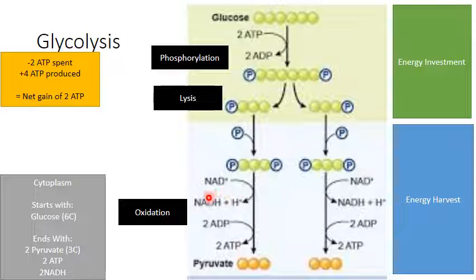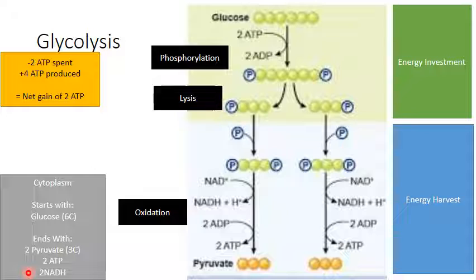So I'm going to have, at the end of this, 2 molecules of pyruvate. They have 3 carbons each. I started with a 6-carbon glucose. That has now been cut in half, so 3 and 3. I've also stolen some energy from that glucose. Glucose has been oxidized, and I've used that energy to make these high energy molecules called NADH and ATP.